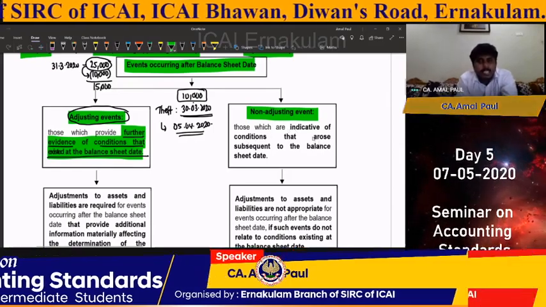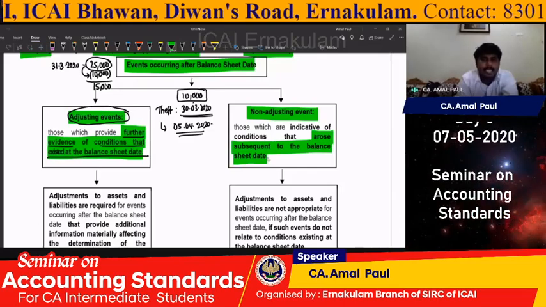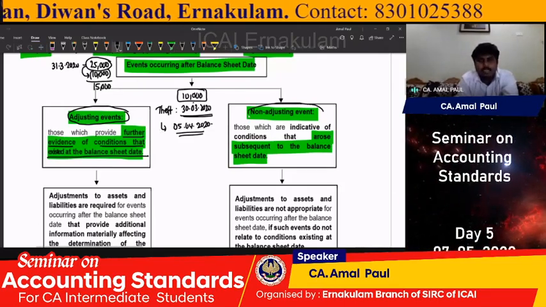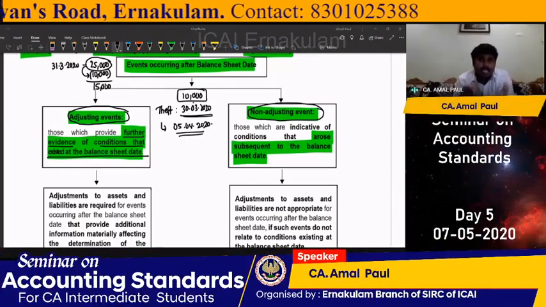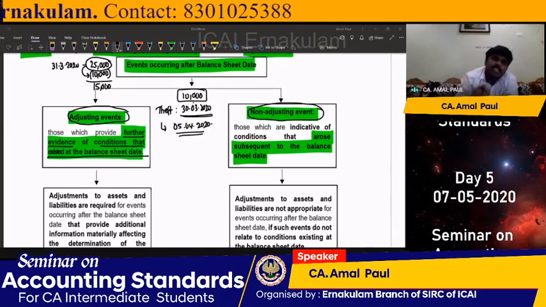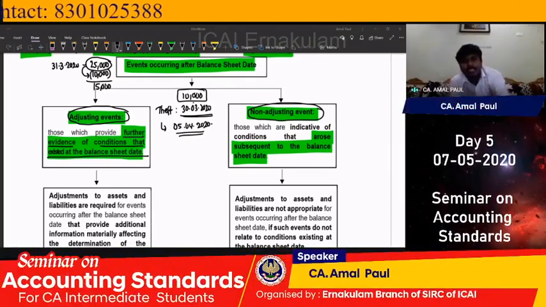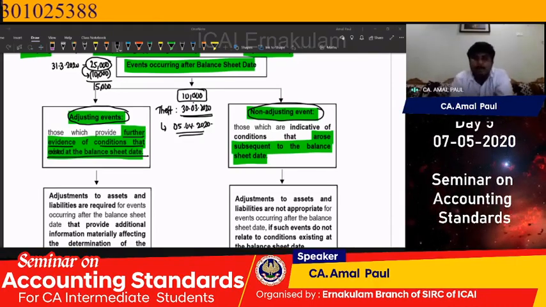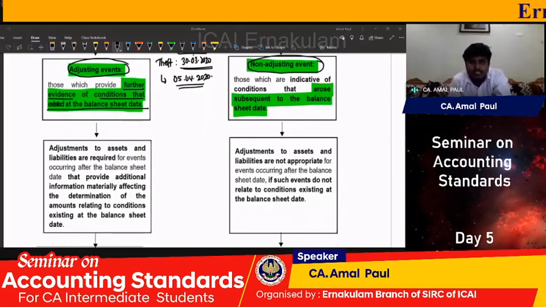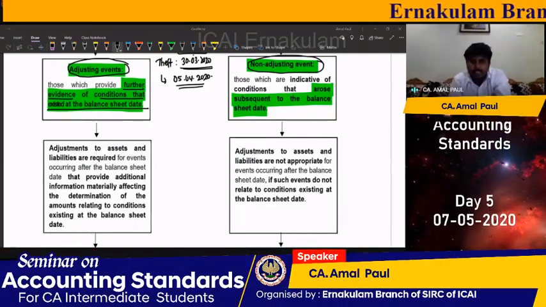If these items arose just subsequent to balance sheet date, those type of items are known as non-adjusting events. If there is a condition existed at balance sheet date and this event only provides further evidence of that condition, then it is an adjusting event. Then the impact will be accounted. We'll adjust assets and liabilities in the books if it materially affects the information in the balance sheet.